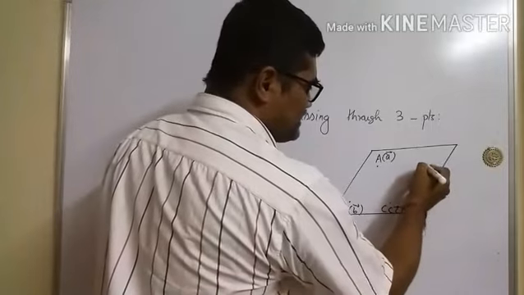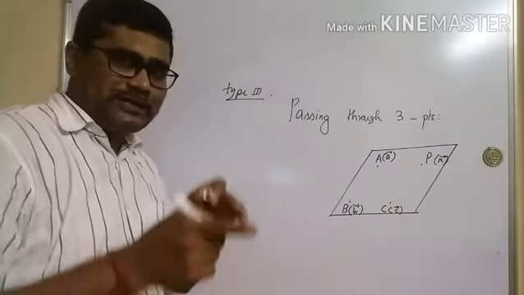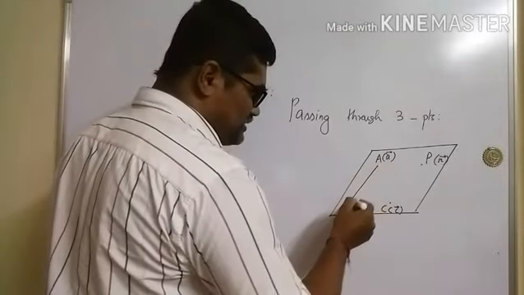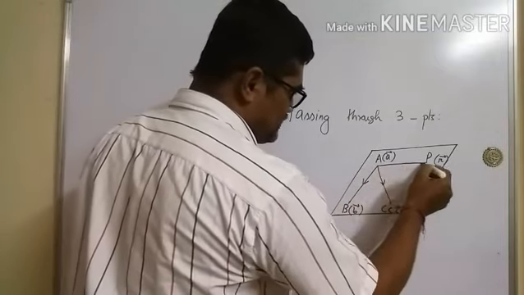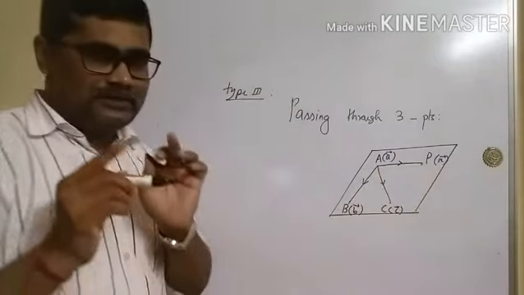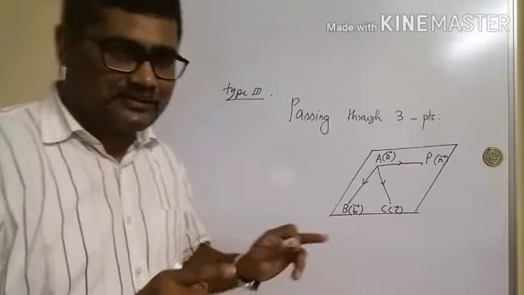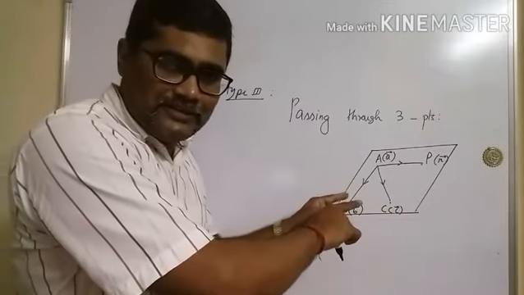I consider it here P. Then in that particular model I showed you, I joined this vector AB, this vector AC and this vector AP. I would like to tell you again, you do not have any restrictions in joining this.